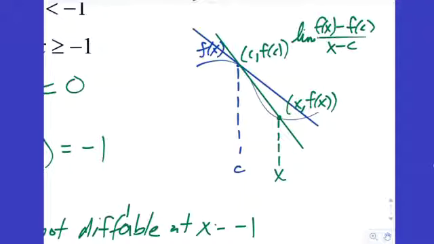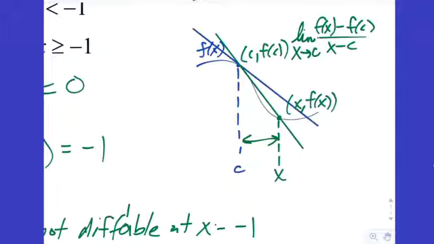So instead of letting the distance between them go to 0, we accomplish the same thing by just saying, hey, let x, the variable point that we have to use, just let it approach the value of c we're interested in. Okay? And it accomplishes the same thing. Let x get closer and closer and closer to c.